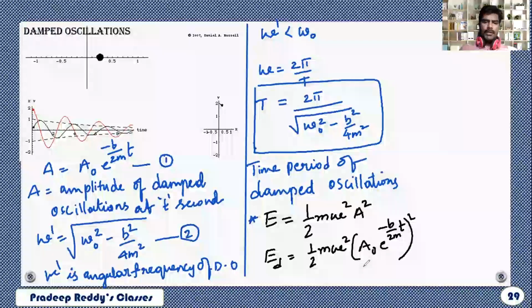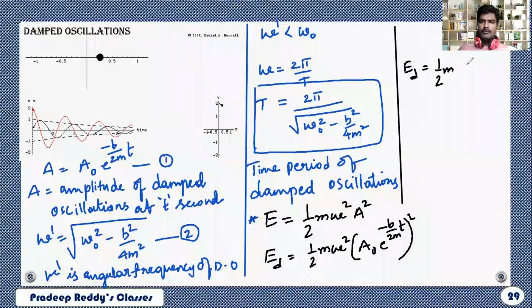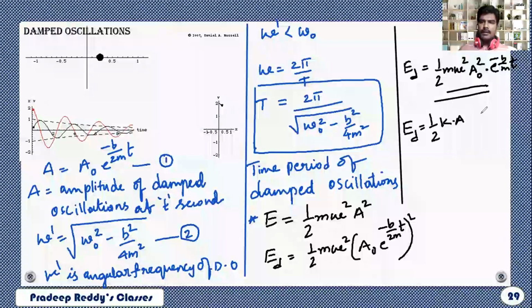Resolving this, the energy of damped oscillations will be half m omega square A naught square into e power minus b by m into t. So this is the final energy for damped oscillations, or you can write it as half k A naught square e power minus b by m into t. Energy is also variable.